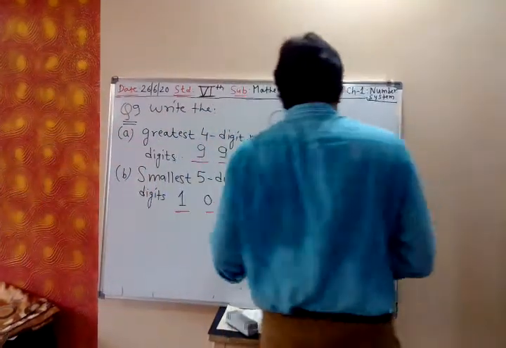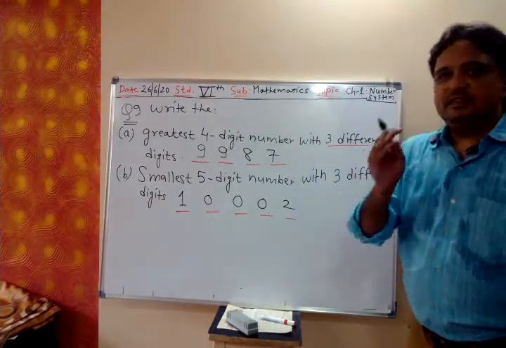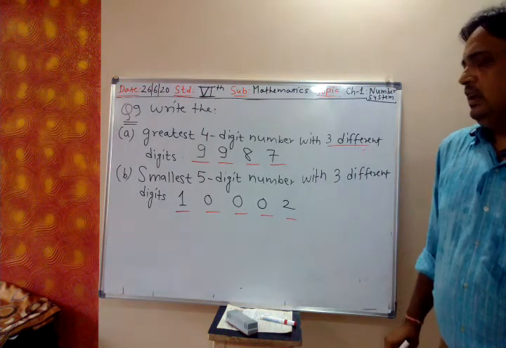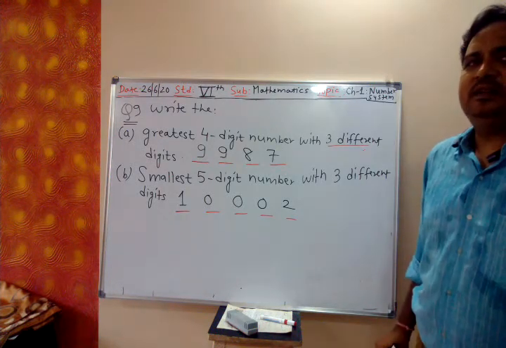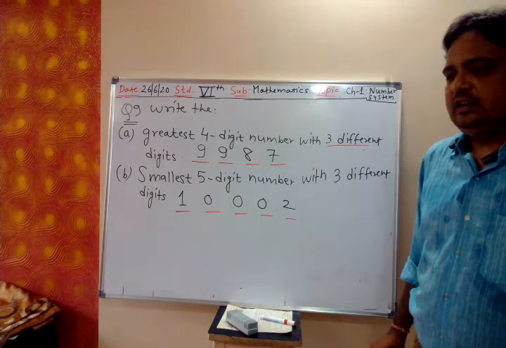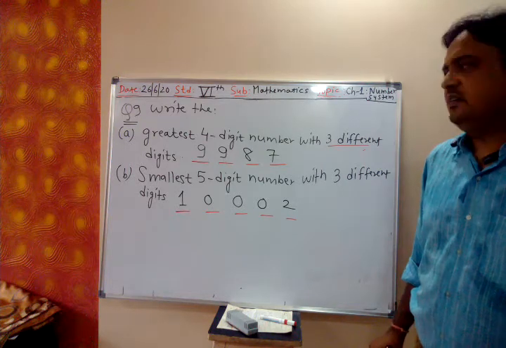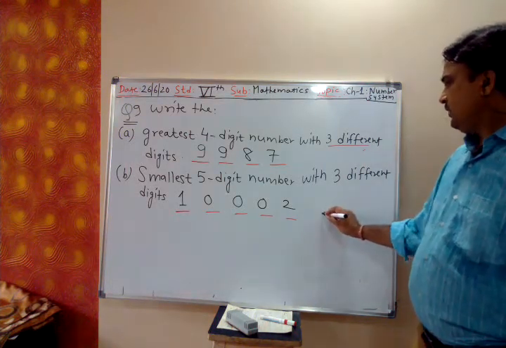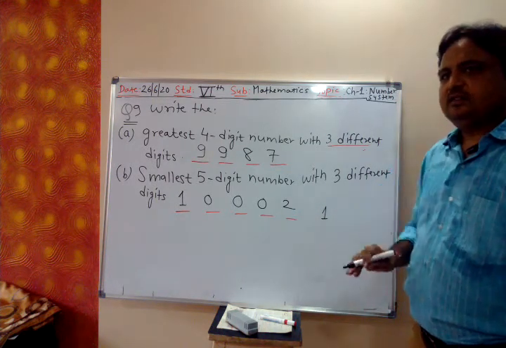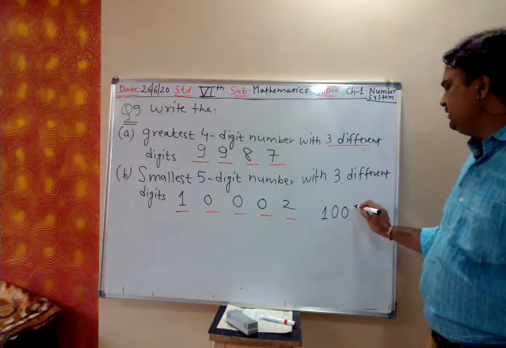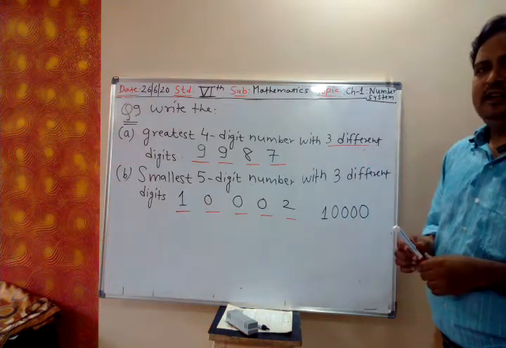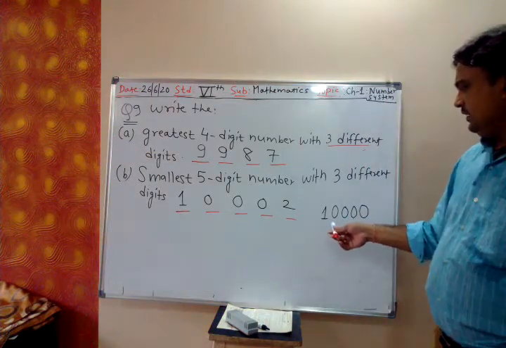See, you want the smallest 5-digit number. The smallest 5-digit number is 10,000.